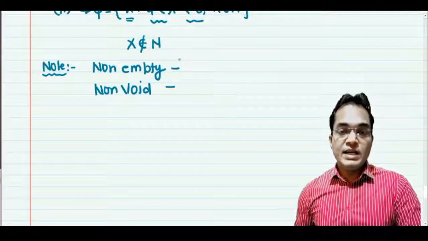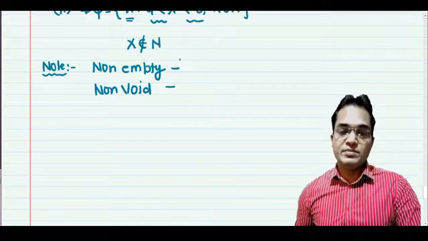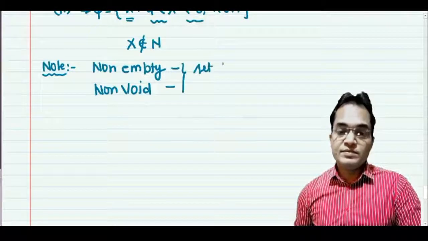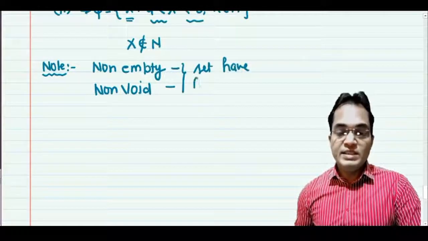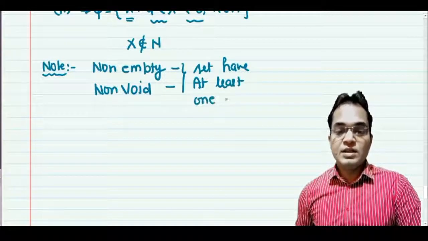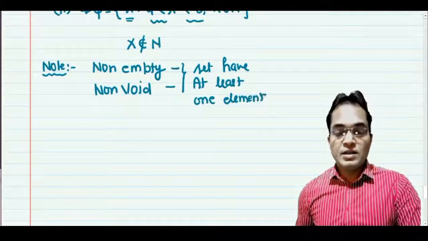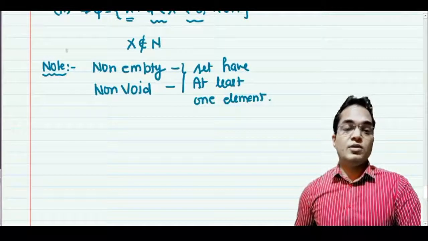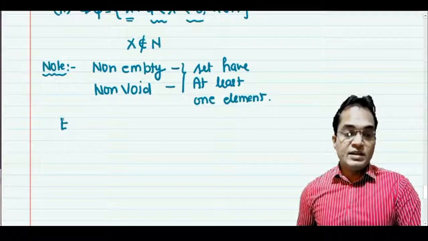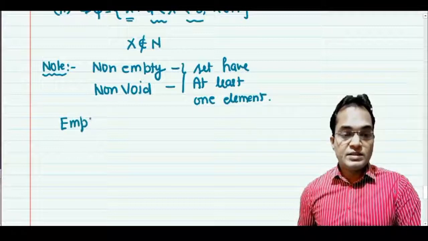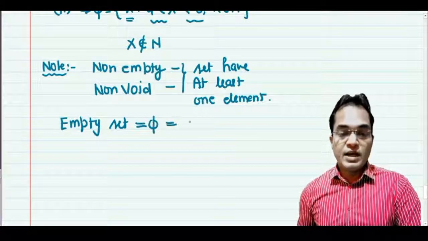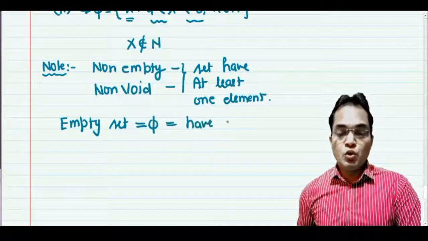A non-empty set has at least one element, maybe 1, 2, 3. Sets that have at least one element are called non-void or non-empty sets. The empty set, represented by phi, has no element.